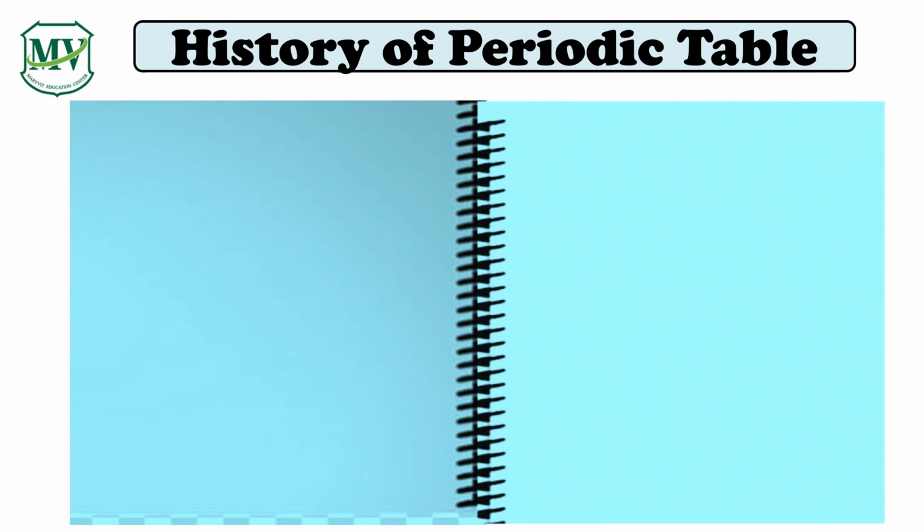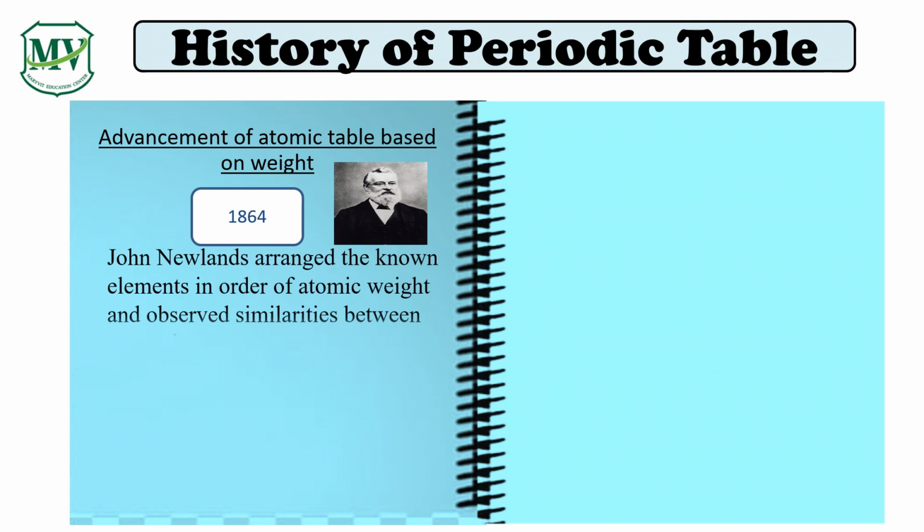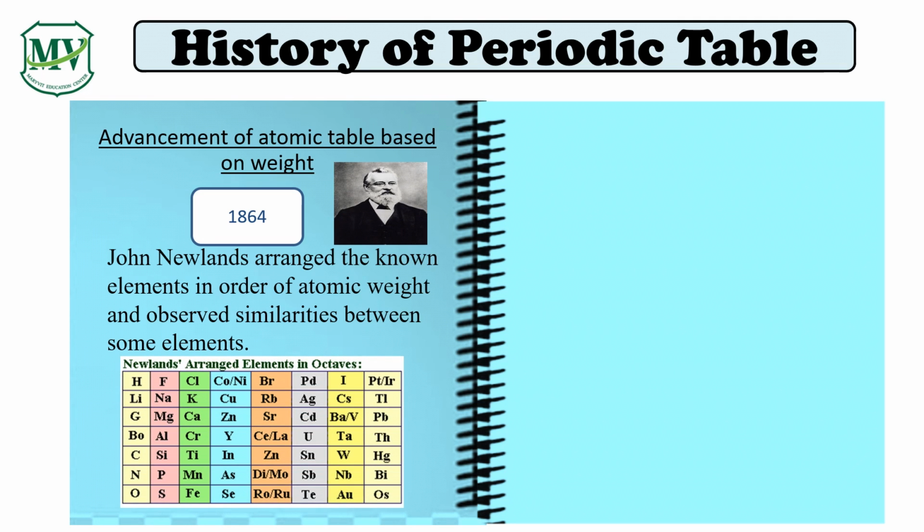Do you have any idea how did John Newlands arrange the known elements? Awesome! In 1864, John Newlands arranged the known elements in order of atomic weight and observed similarities between some elements.